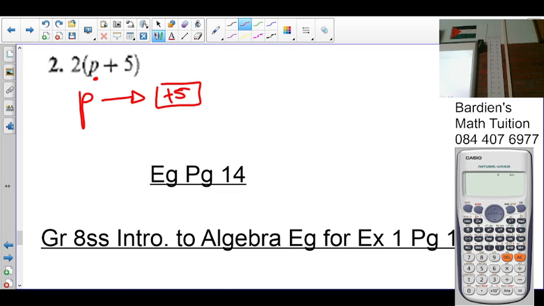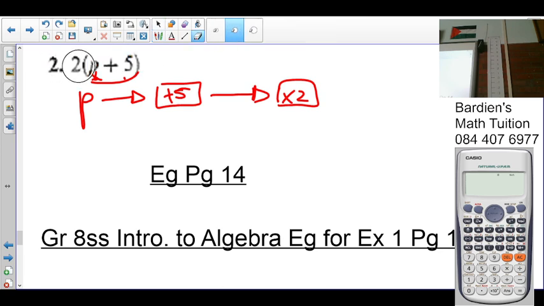And then? Alright, you guys understand? So for argument's sake, if P was 1, you solve the sum: first 6, and 6 times 2 is 12. Can you see? You would have done the plus 5 first. Right, so that's why we're saying plus 5 first.